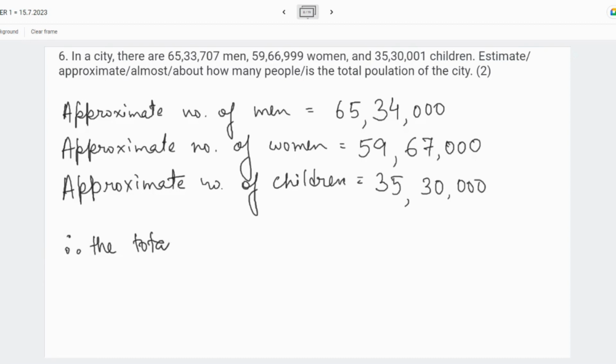We have rounded up the 1. So these are the approximate number of men, women and children. Now we can simply add them up. The total population of the city.